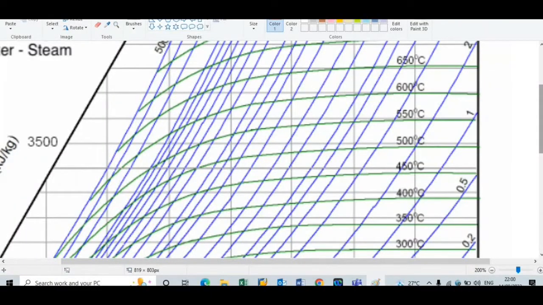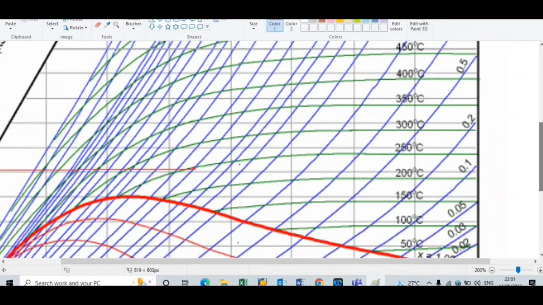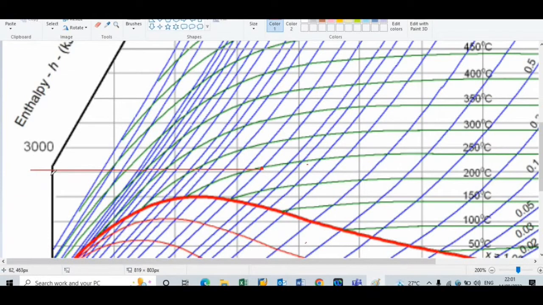After the throttling process, now we will select the point 1 dash. Here the condition is that the pressure is given as 7.5 bar and the enthalpy will remain the same as for point 1. So point 1 we have already selected, and the enthalpy is also getting selected.